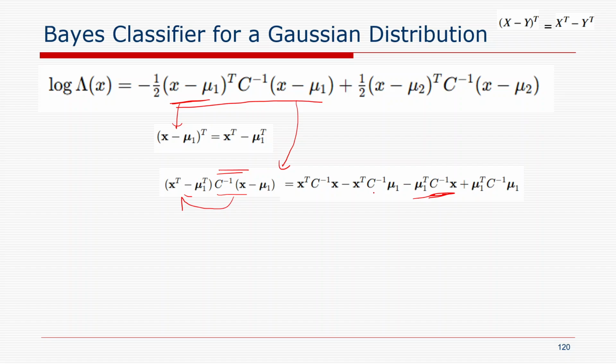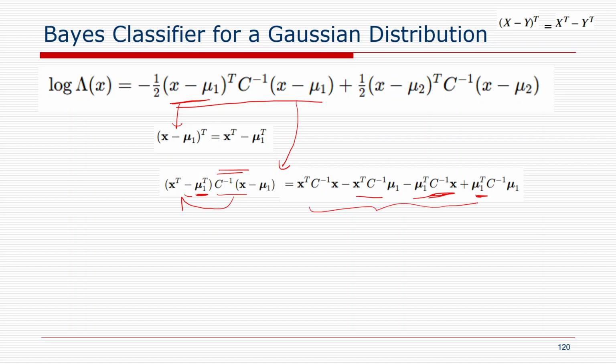Similarly, this term will be x transpose C inverse mu1, because this term has to go inside. And the last term becomes mu1 transpose C inverse mu1. That is, we are taking these terms inside for every term and expanding.